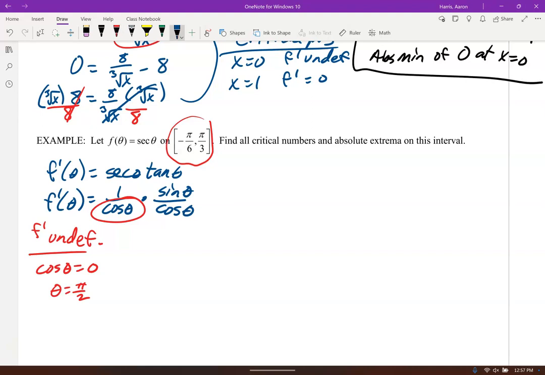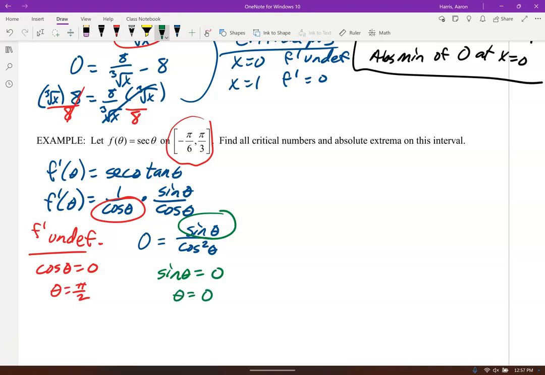Now, where is f prime 0? I have sine theta over cosine squared theta. I just need the sine of theta to be 0, since 0 over anything would be 0. Well, sine of what is 0? Hopefully you say sine of 0 is 0.